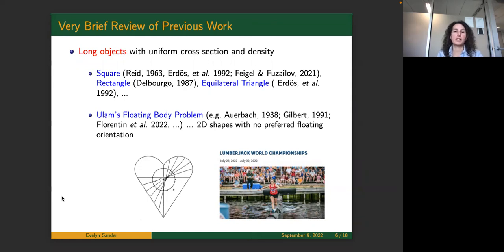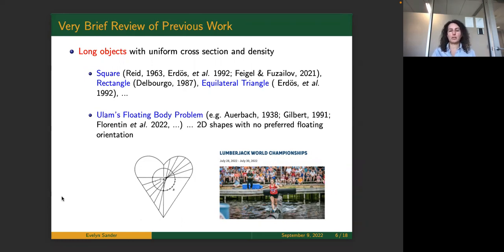In the case when the ratio of the densities is 1/2, there's actually quite a lot of shapes with no preferred floating configuration. But in the case when R is not equal to 1/2, it's harder to come up with examples. And so it's an open problem to give a criterion for which shapes can float in any configuration in the case of not 1/2.